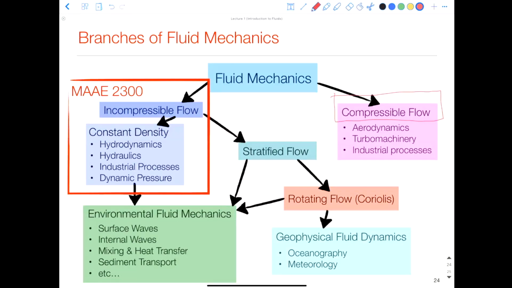All of these tie back to mechanics and the behavior of fluids. So there's lots you can do with fluids. This is just a small snapshot, and we're just going to be doing a small part of this snapshot in this course.